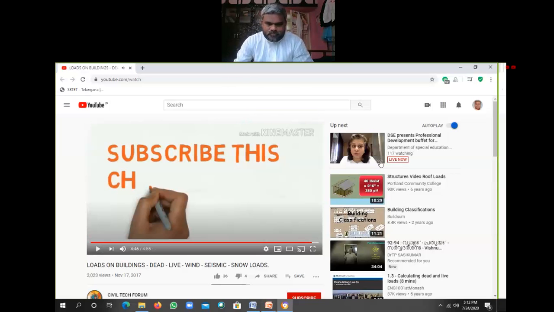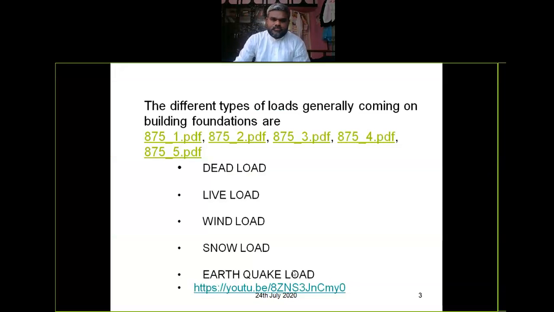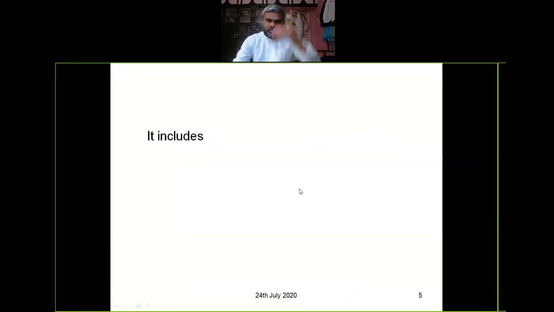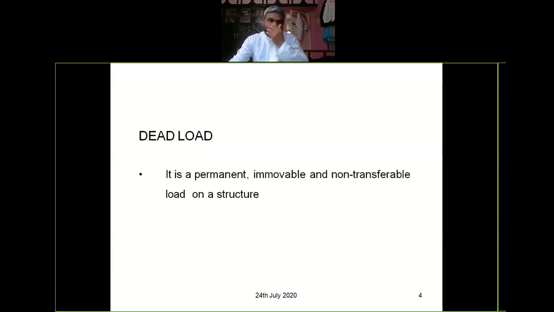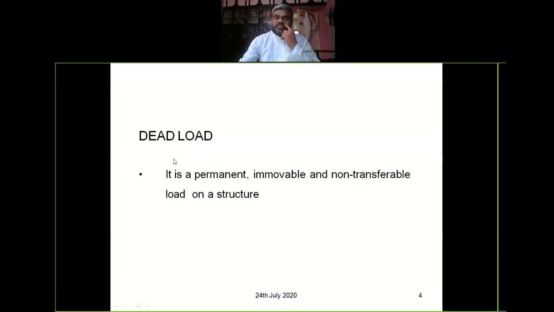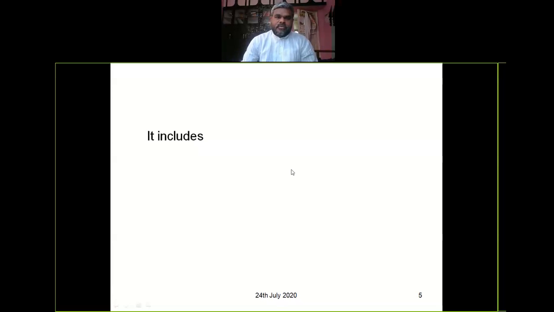Yes. So these are some loads which are taken into the building. As already explained, dead load is a permanent, immovable and non-transferable load on the structure, like the self-weight of the elements of the building.